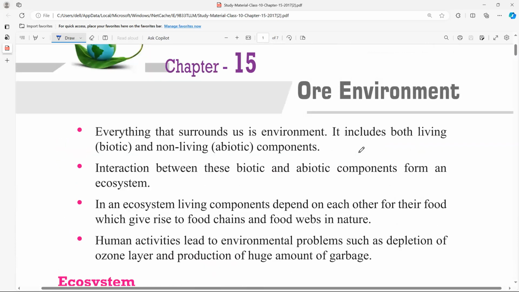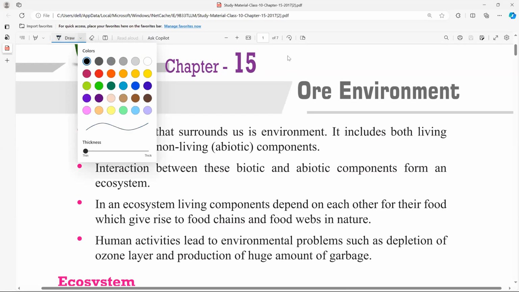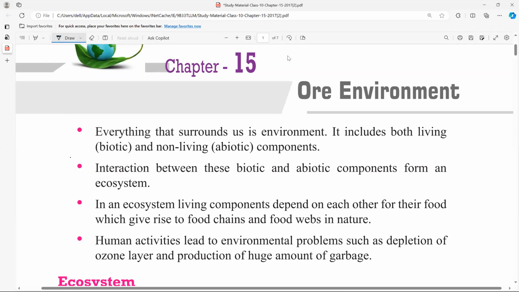So let's start studying. In this chapter, environment is anything in which both living organisms and non-living things live together. We call it the environment. Everything that surrounds us is called the environment, and it includes both biotic as well as abiotic factors.